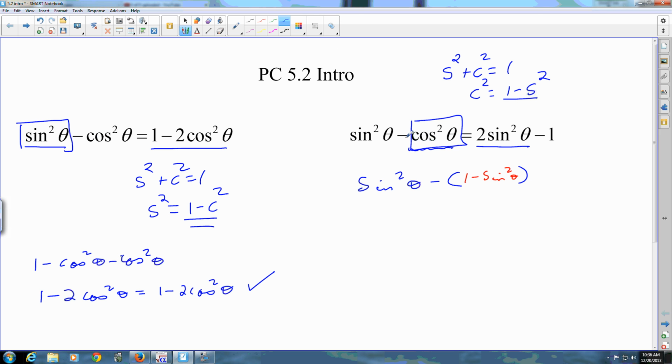So, sine squared minus 1 plus sine squared. Sine squared and sine squared make 2 sine squared minus 1, which is equal to exactly what they had. So everything's good to go as required.